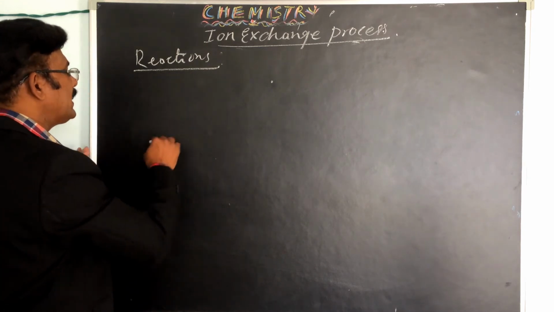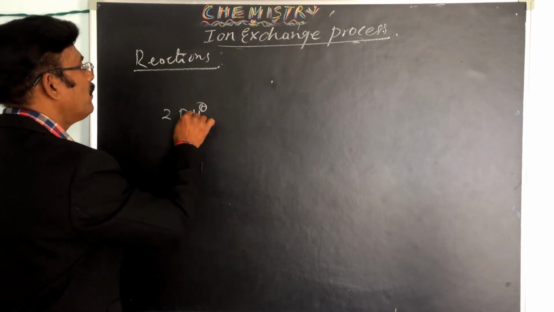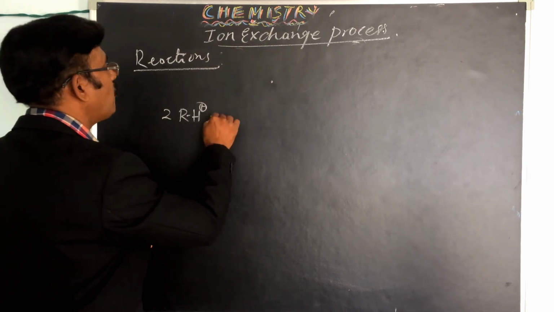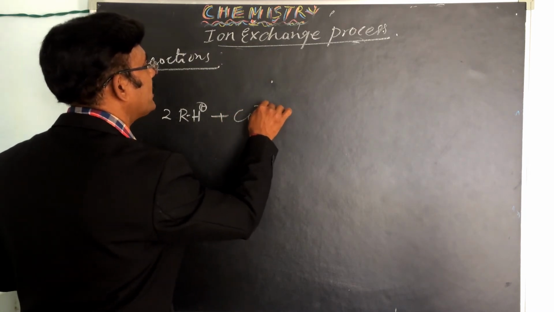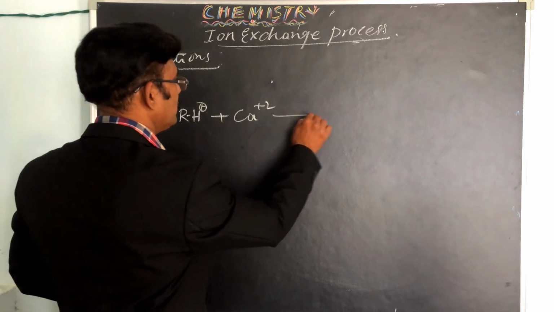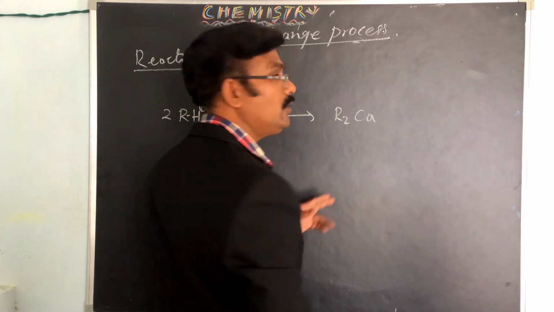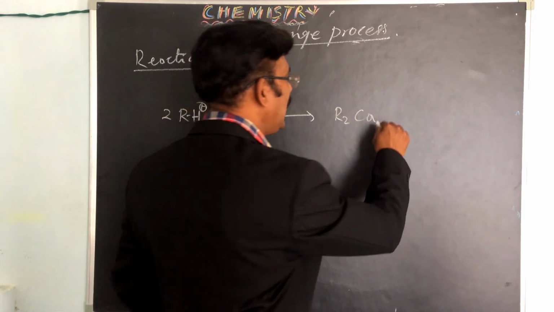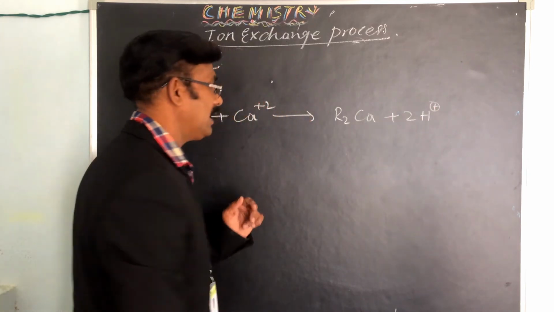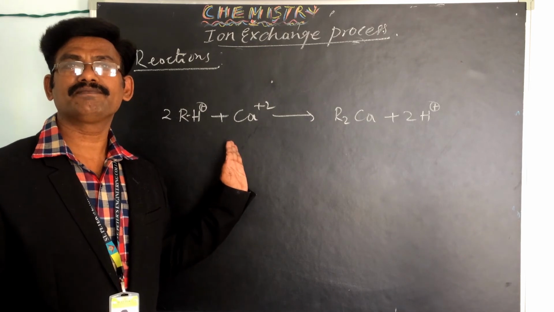Okay, so in the cation resin, RH plus, for example, R means resin, H plus. When the hard water, calcium chloride or calcium sulfate, is there, what happened? The compound R2Ca is formed, plus 2H plus ions, equal amount.